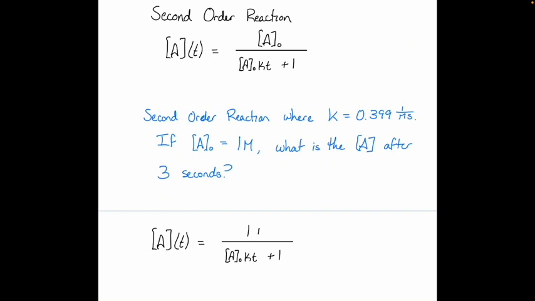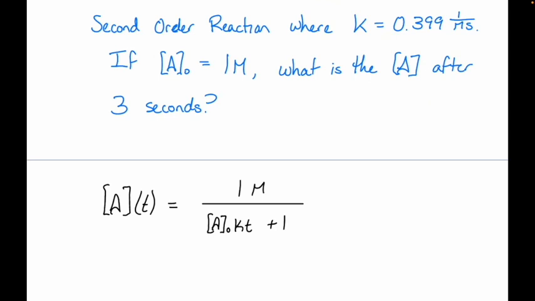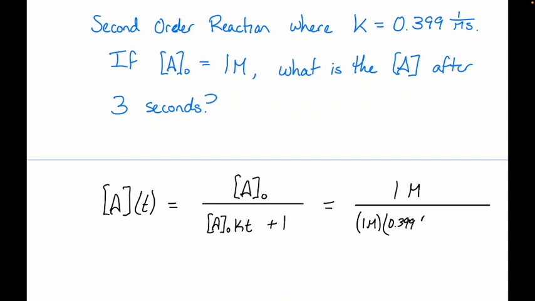So this was 1 molar, that initial concentration of 1 molar, times that value of k, 0.399 molar per second, times time, our 3 seconds, plus 1. Everybody take a second, punch it into your calculator.